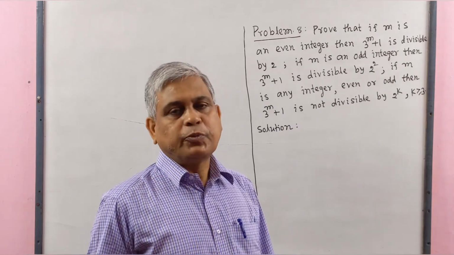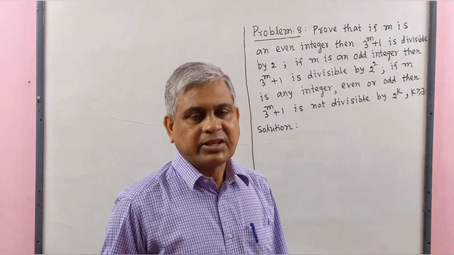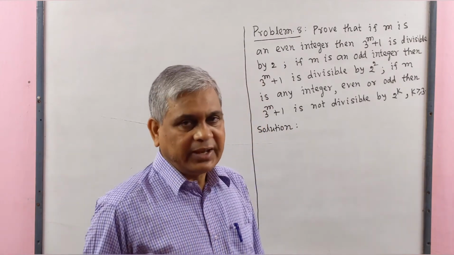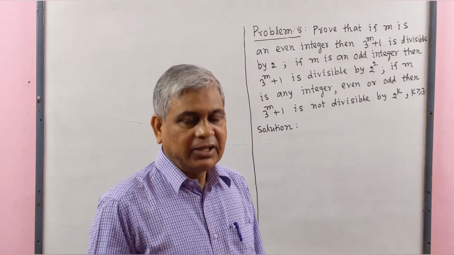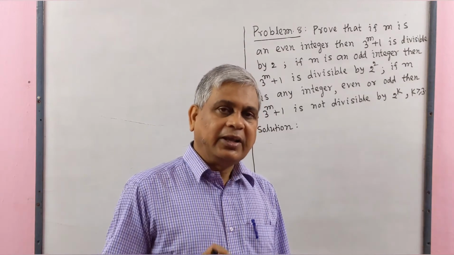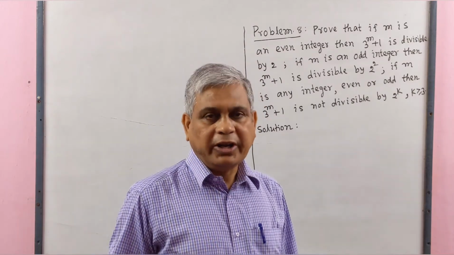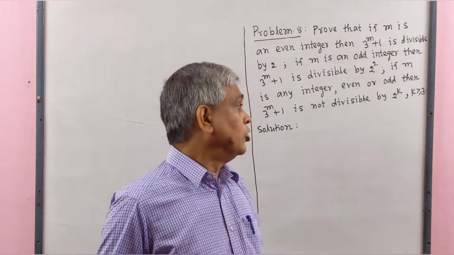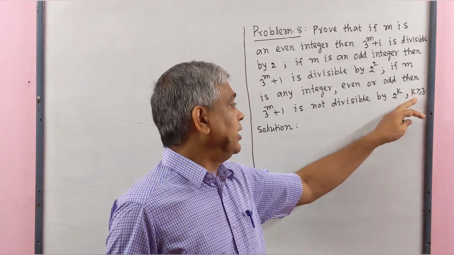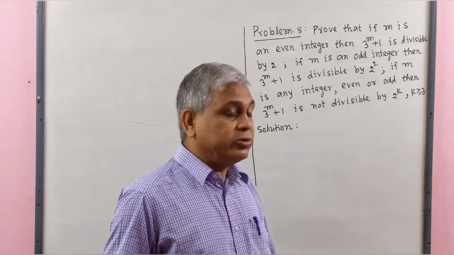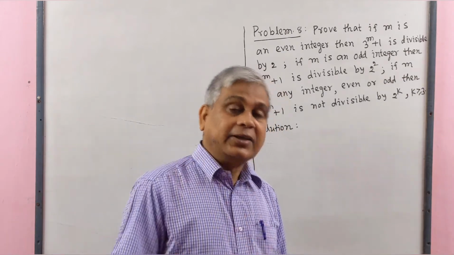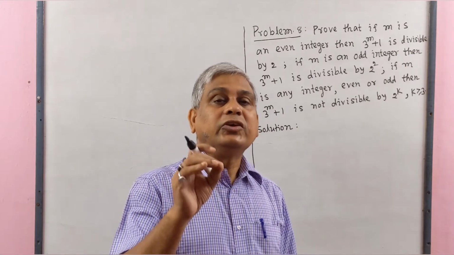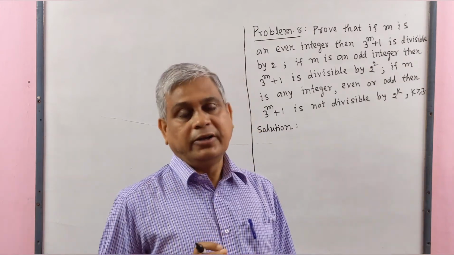We solve this problem in 3 parts. In the first part, m is an even integer. In the second part, m is an odd integer. And in the third part, for k greater than or equal to 3, we will take m as even or odd.